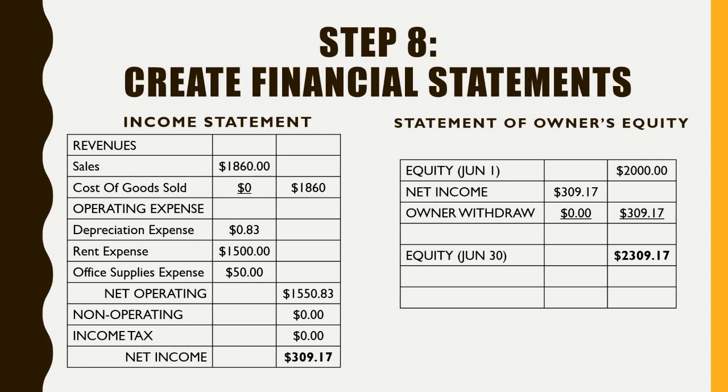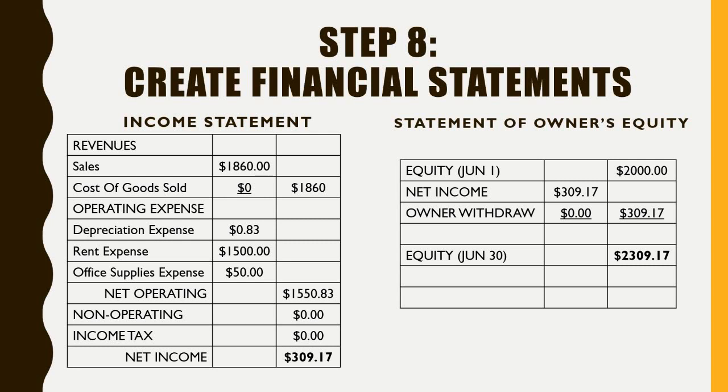Now, I'll give you an example here, right? When I complete the income statement, my income statement is going to consist of all of my revenues, subtract out all of my expenses to give me my net profit or net loss. Once I get this number, I have the choice to either reinvest into my company or not.